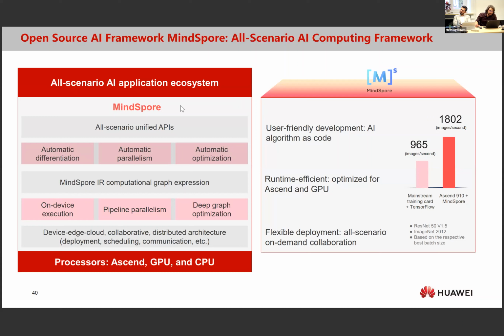Okay, let's look at what MindSpore has offered that other frameworks don't. You can see MindSpore provides automatic differentiation, automatic parallelism, automatic optimization, deep graph optimization, pipeline parallelism, device-edge-cloud collaboration, and distributed architecture on GPU, CPU, and Ascend devices.